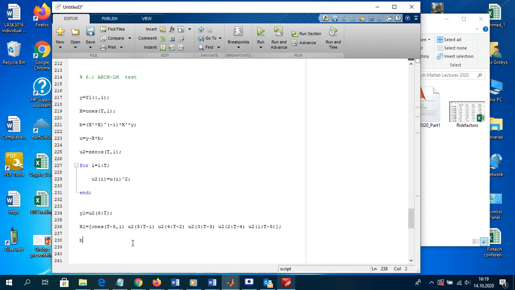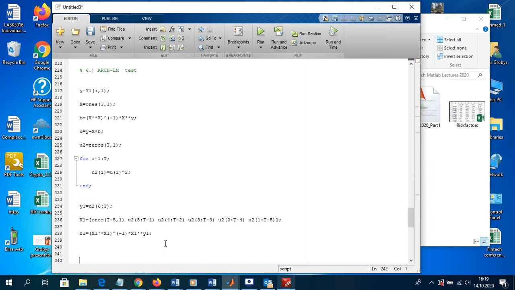So next, we have to define what is the parameter vector. Let's call it beta 1 for the auxiliary regression. It's a step in between. It's defined as X1, which is now this auxiliary regressor matrix, transposed times itself, inverted, times X1 transposed times y1, which is defined here.